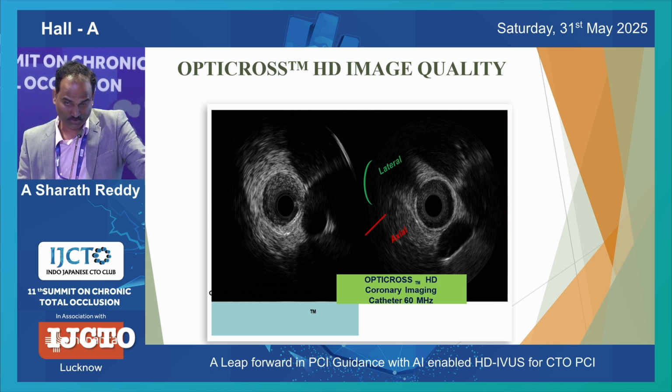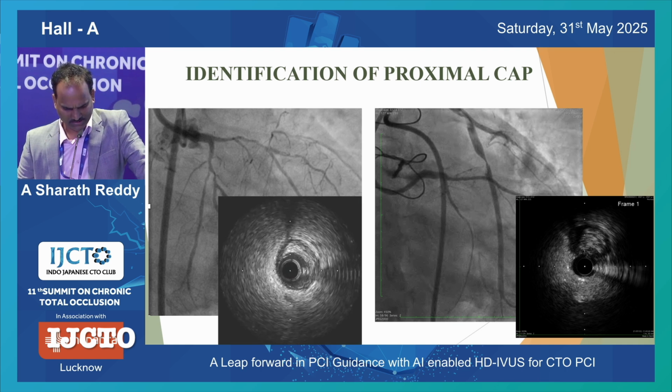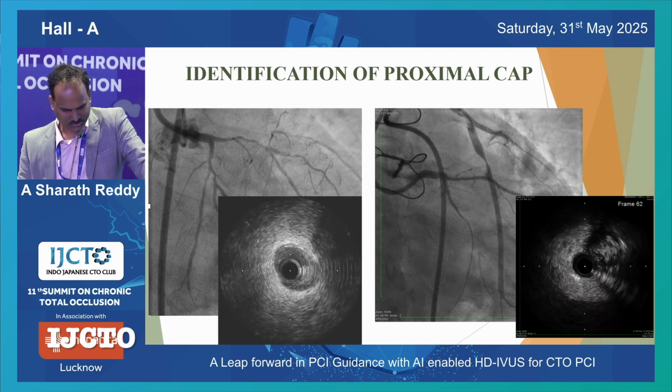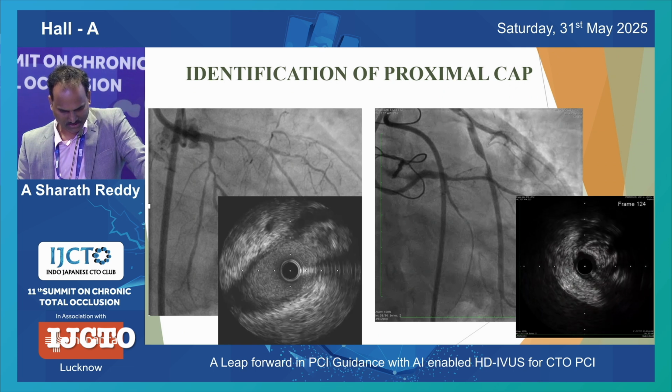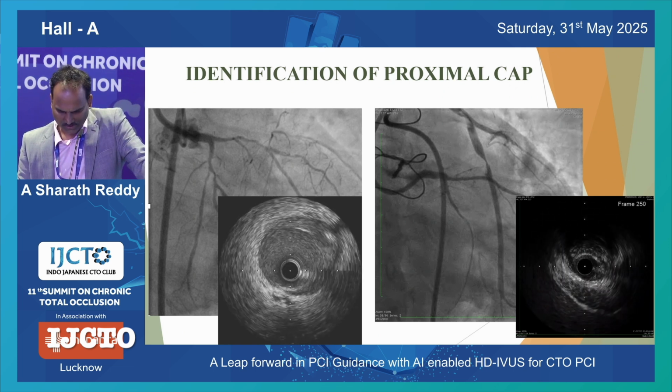The image goes almost, if you say OCT, it goes close to OCT in terms of lumen. And most important is media identification, which really helps in certain things like identification of proximal cap. You can see this is the non-HD image and this is an HD image, wherein you can see clearly the media.